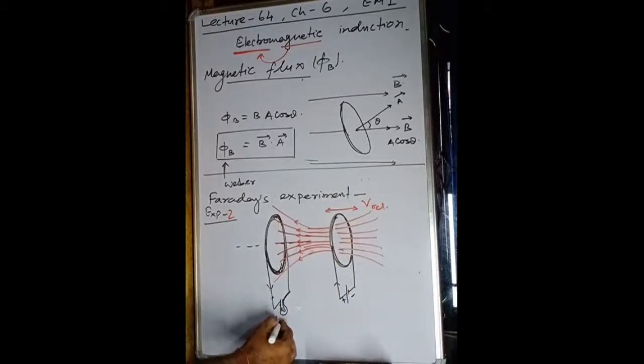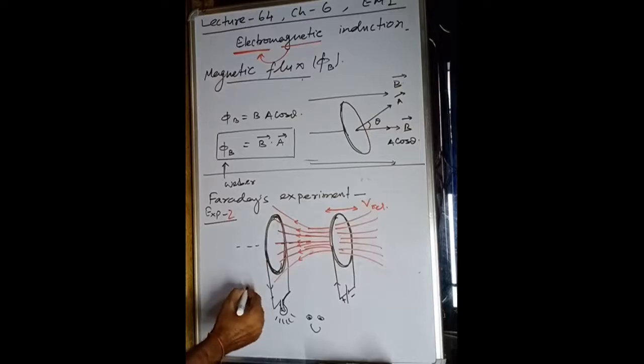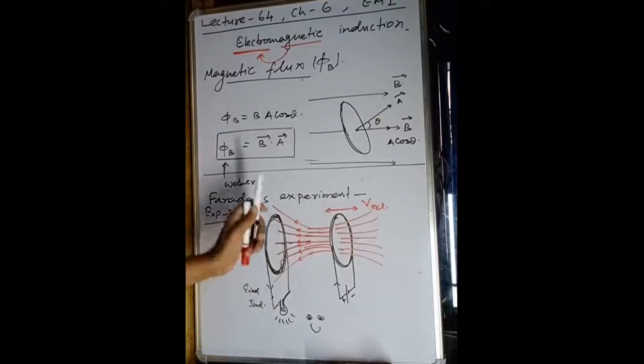This is the second experiment. You can see this is the same experiment, there is nothing much changed, my dear students. This bulb glows. Why? It is due to the E induced and I induced in the coil, and the current is induced due to the resistance in the coil.